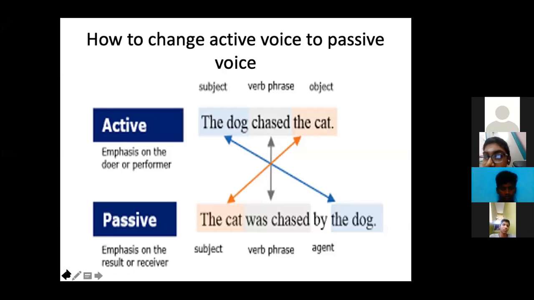Okay. So the explanation is there. On page number 14, you can see a lot of elaborate explanation in the book itself. Okay. So you can just go through that. There are lots of examples in the book itself. Okay. So you can refer to those examples also.